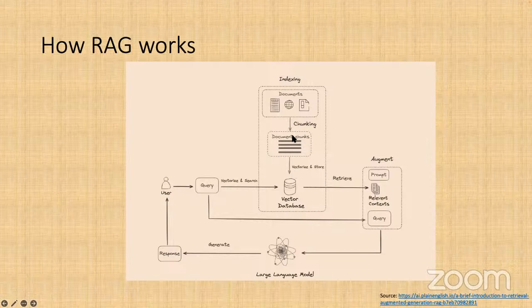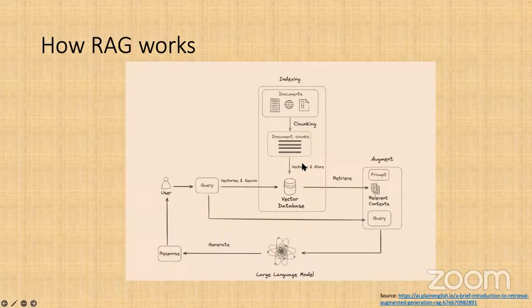Once you have those chunks, like I mentioned before, large language models do a lot of math and probabilities. So what ends up happening with those smaller chunks is you do something called vectorization. I'm not going to get into too many details on this; you can read all about it if you are very interested.